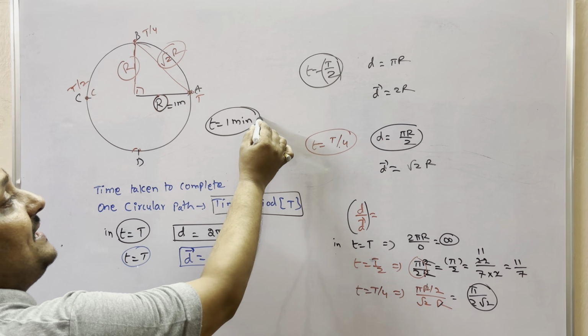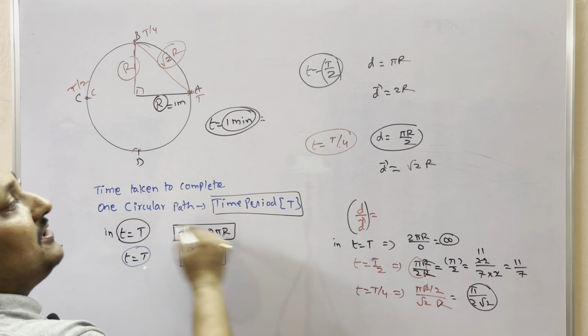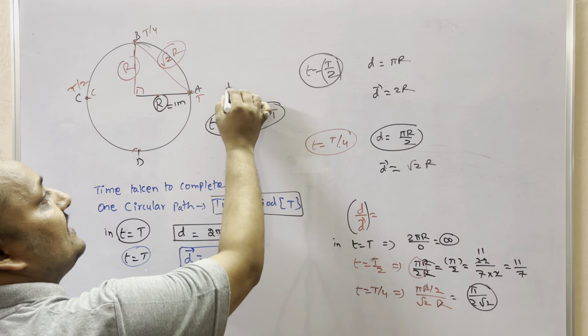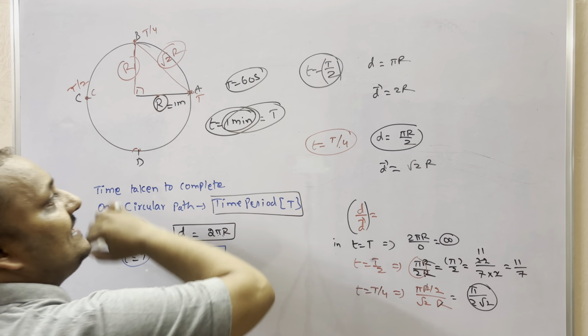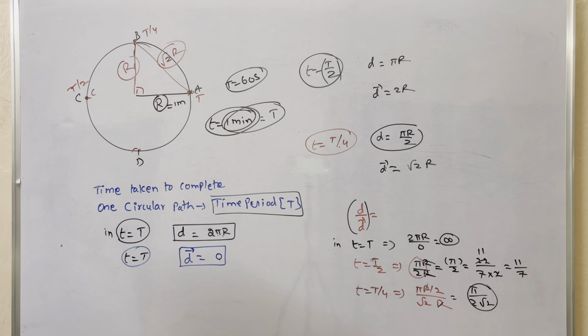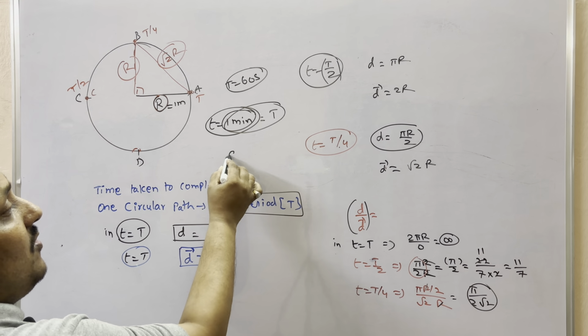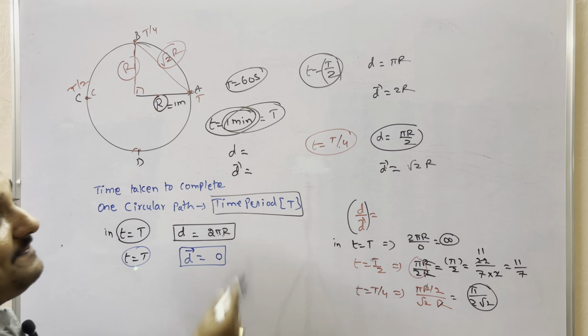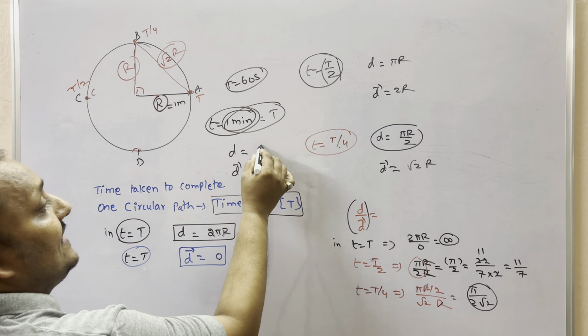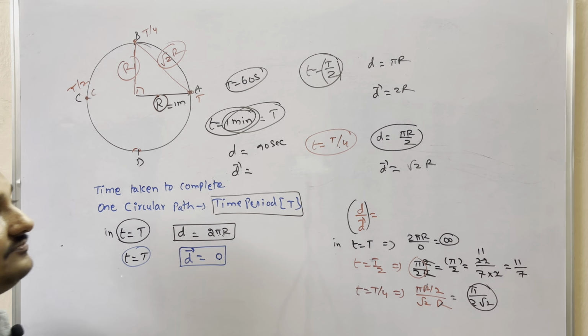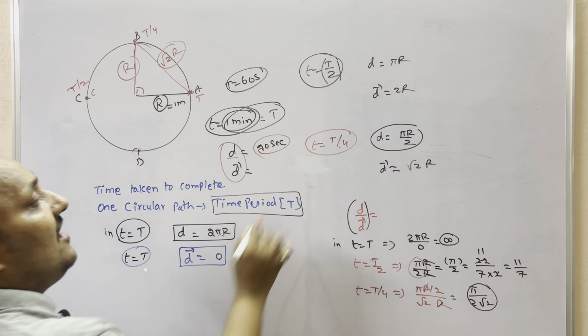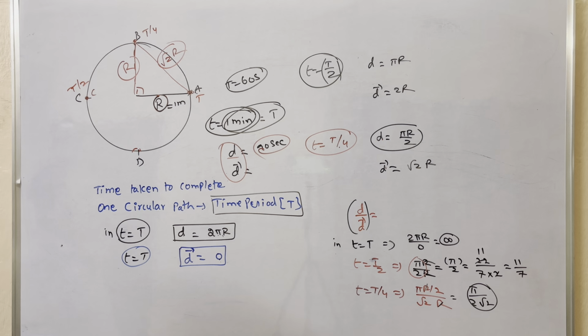Time taken to complete one circular path is 1 minute, which is nothing but 60 seconds, the time period. Now what is the distance and displacement covered in 90 seconds, they will ask. Otherwise, what is the ratio of distance and displacement after 90 seconds, they will ask.